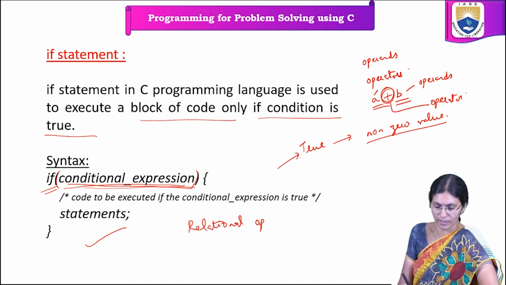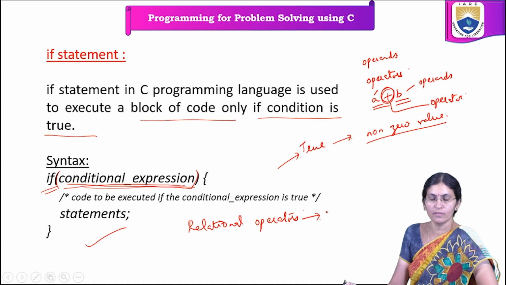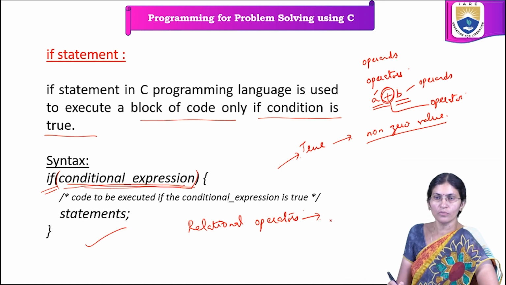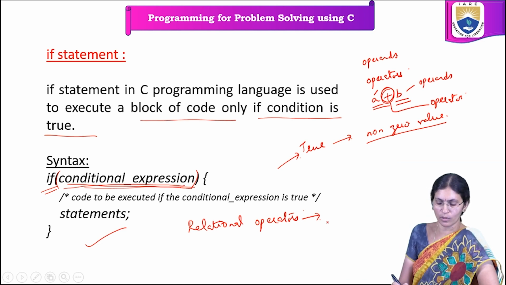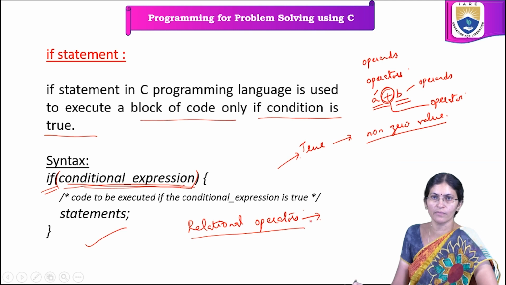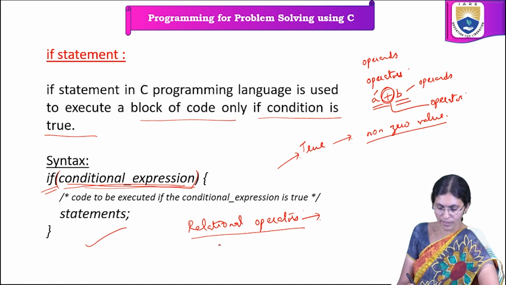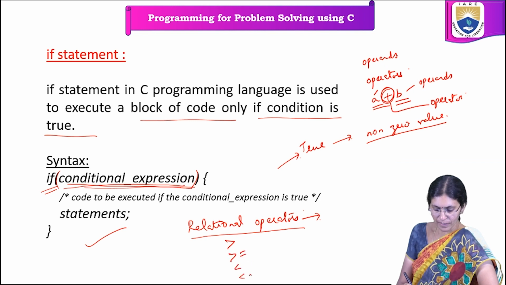So what are relational operators? Here you can check my video, C tokens part 2, where we have discussed in detail the different types of operators in C language. In relational operators we have these different operators: greater than, less than, less than or equal to, then the equality operator, and then the inequality operator.